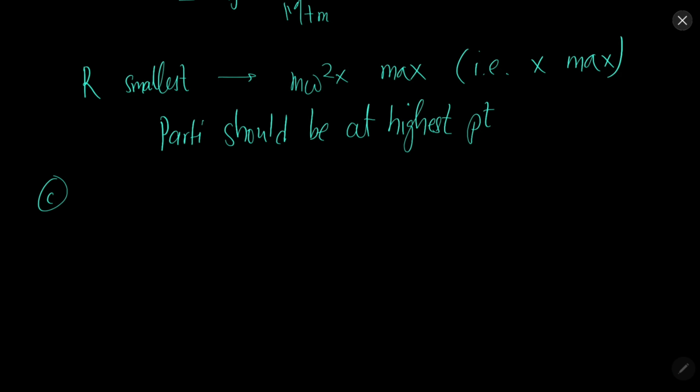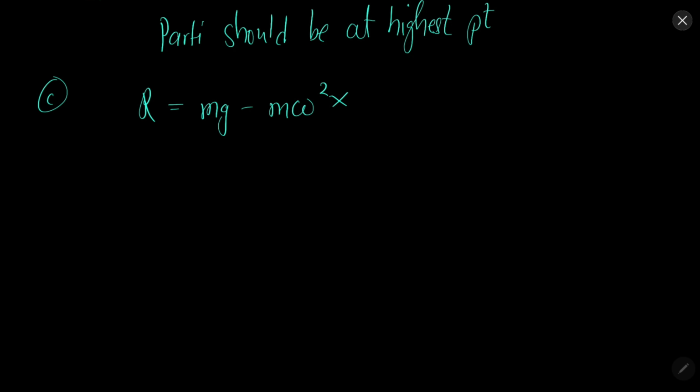C. Again the equation. Now the two blocks may oscillate together in such a way that R is greater than 0. So in that scenario, mg equal to m omega square x.